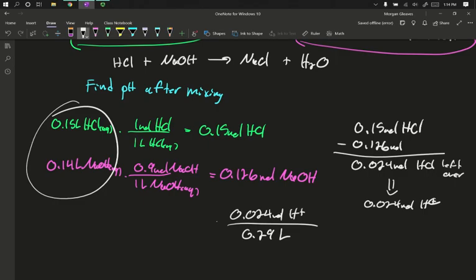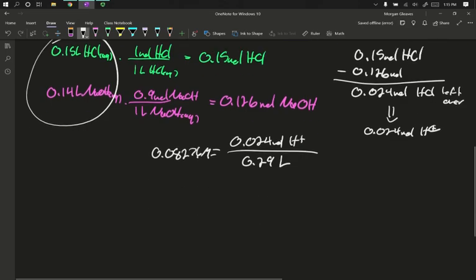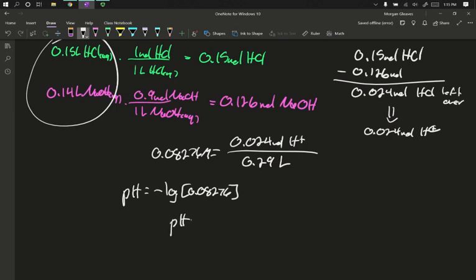And so we can find our concentration here. We find that that is 0.08276 molar, which I can take the negative log of to find the pH. What we'll find is that the pH is 1.083.